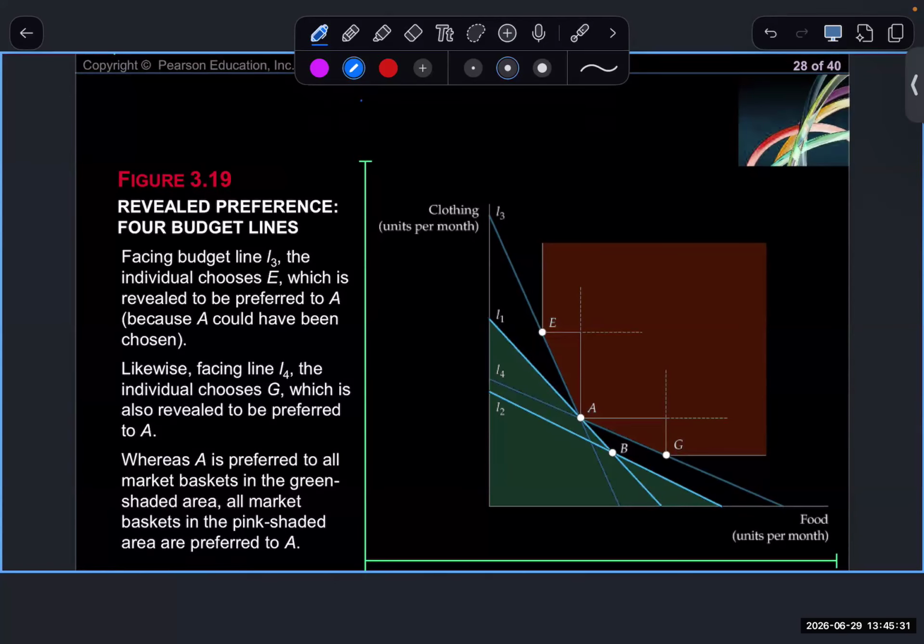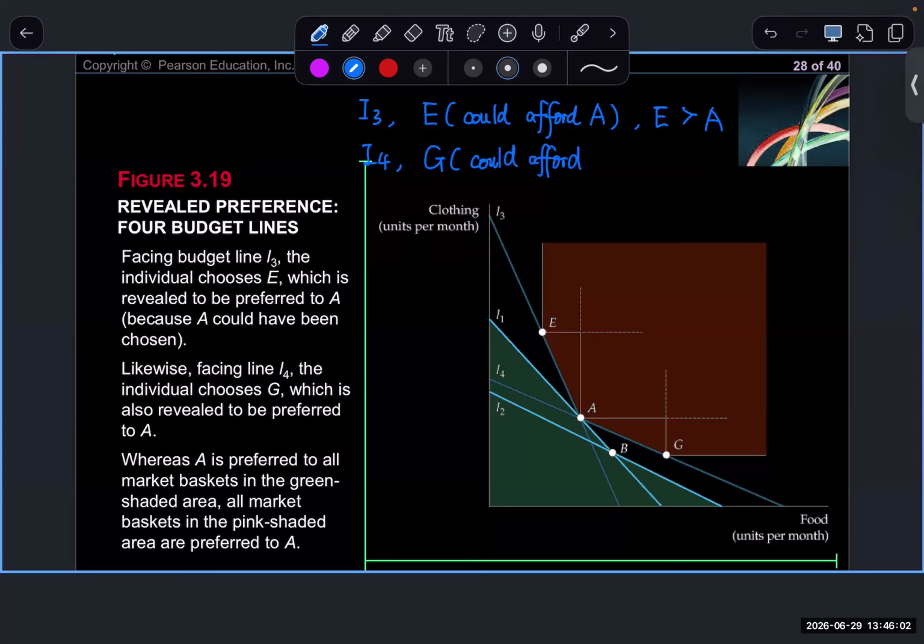So in I3, you choose E, but you also could afford A. Okay, you can afford E and A, but you choose E. That means E is preferred to A. And also in budget line I4, you choose G, but you could also afford A. That means G is preferred to A.